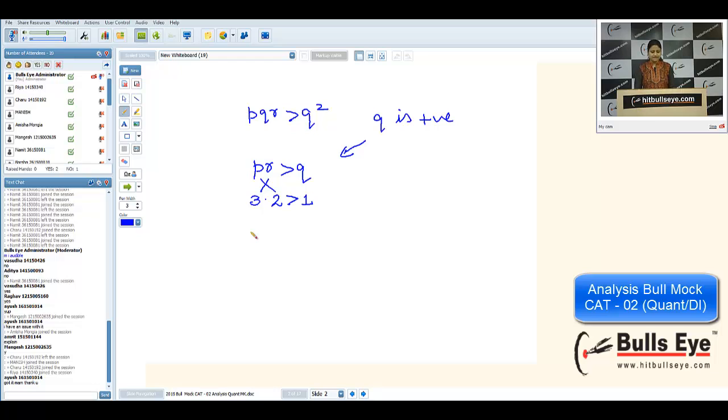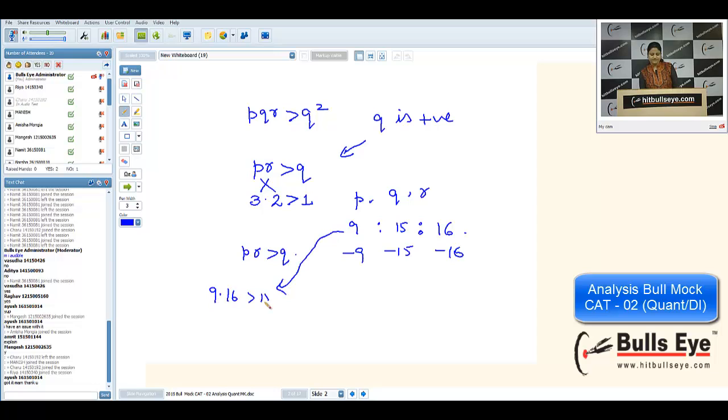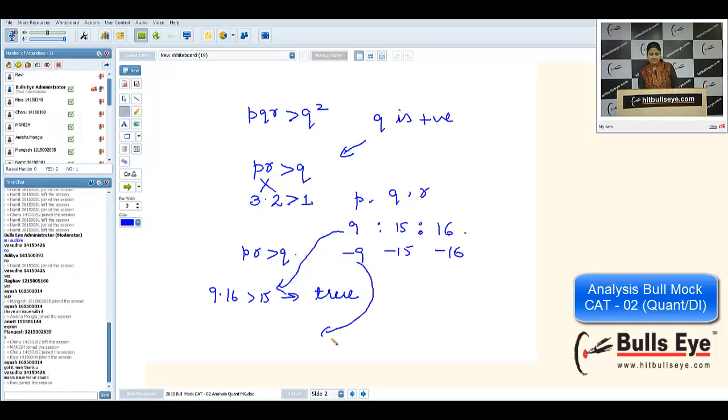But what if I club these two statements? P, Q, R. From first statement, I got 9 is to 15 is to 16. From second, I am getting PR is greater than Q. If I take the very first thing, it will be 9 into 16 greater than 15, which is obviously true. If I take second thing, it will be minus 9 into PR.